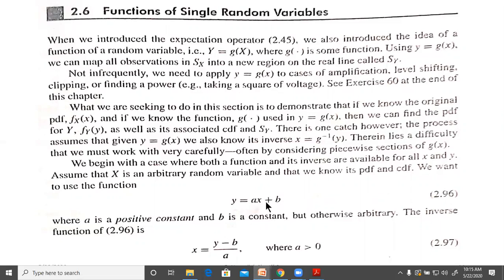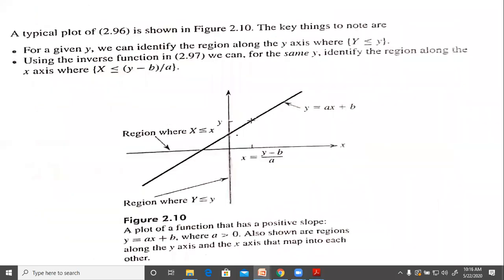Then you can take b over here and a over here, and you get x equal to (y minus b) by a, where we can assume that a is greater than 0.